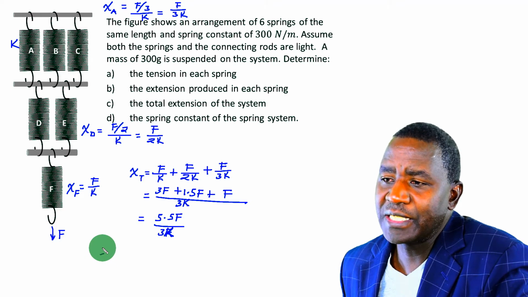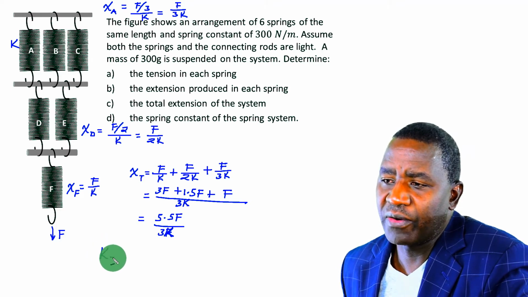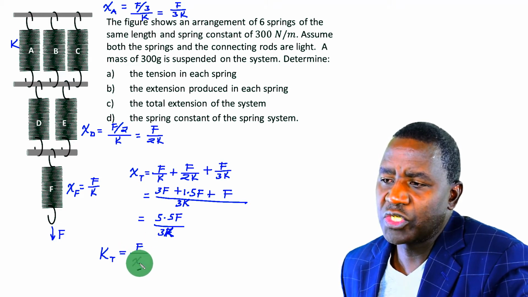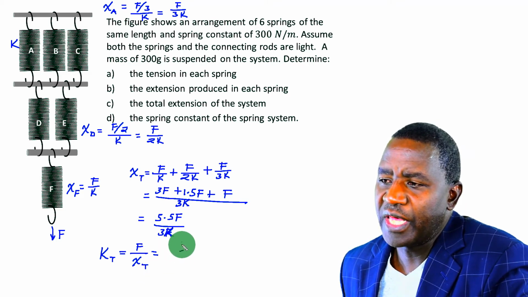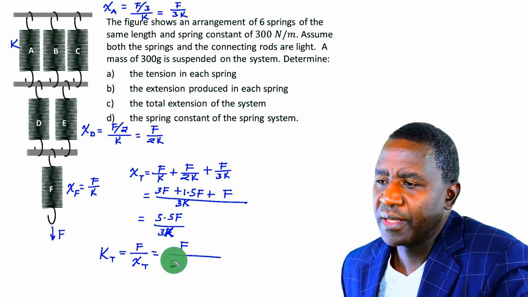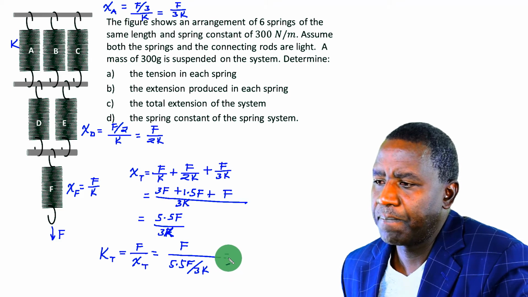So let me get the value of K now. KT is going to be equal to the total force divided by the total extension, XT. Here, the F is this much, divided by 5.5F over 3K.